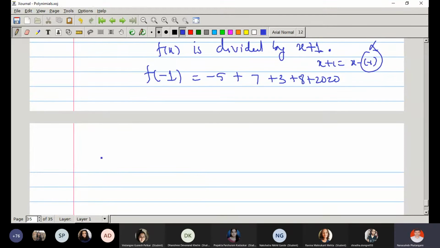Okay, so now next question I would like to ask. Let f(x) is equal to x square plus 2ax plus 7.